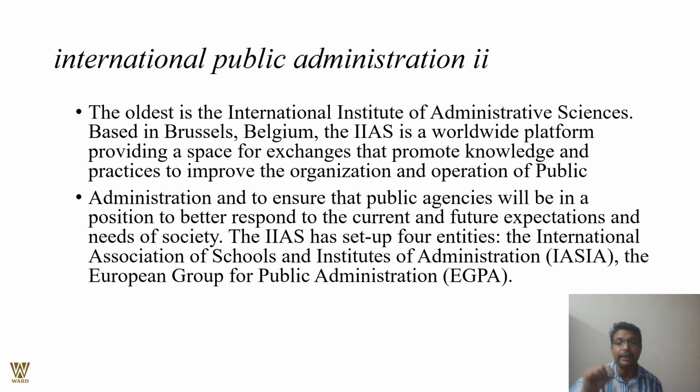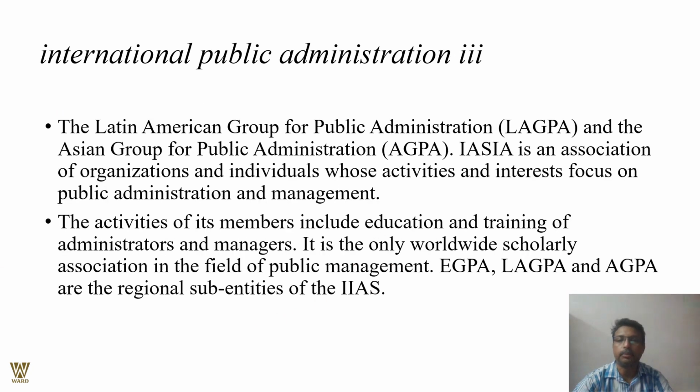The IIAS, the International Institute of Administrative Sciences, has set up 4 entities: the International Association of Schools and Institutes of Administration, and the European Group of Public Administration. The Latin American Group of Public Administration, LAGPA, and the Asian Group of Public Administration, AGPA.